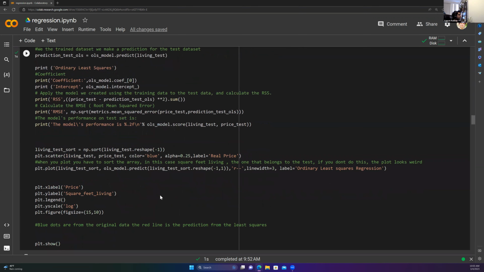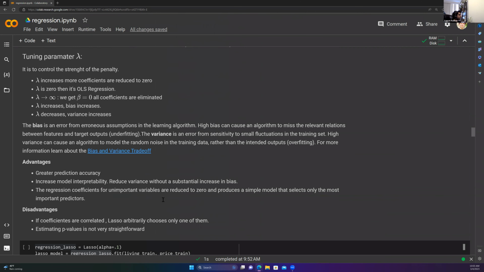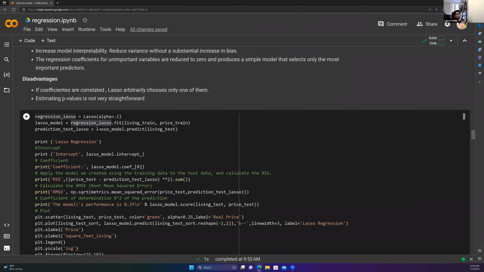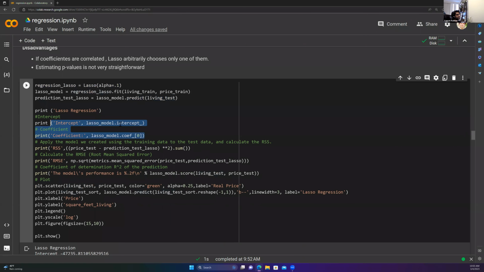So when I do that, let's see how it works, if you get any improvements in the performance. If you go here, you would see I do exactly the same steps. After importing this from scikit-learn, I fit it to the training data set that I had, and I predict based on the test set. I also get the coefficients of the model, which is the intercept and the other coefficients if they exist.